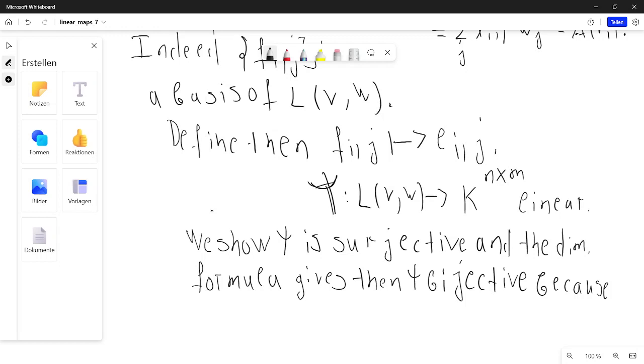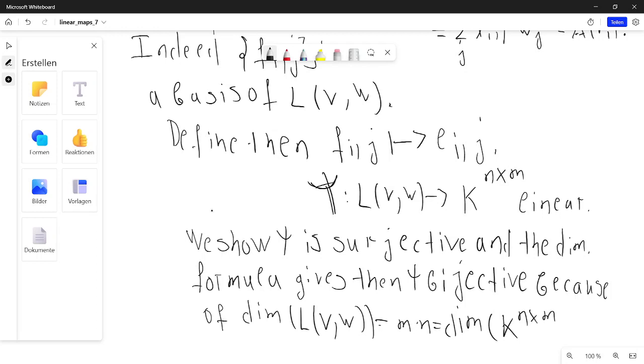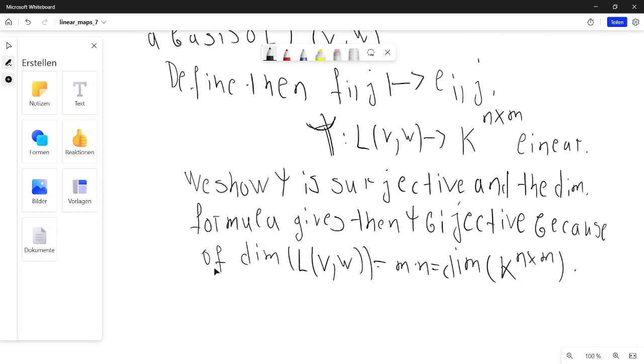Psi bijective, because of the dimension of L(V, W) being equal to M times N, equal to the dimension of K M cross N. Right. Oh, and this is really easy.